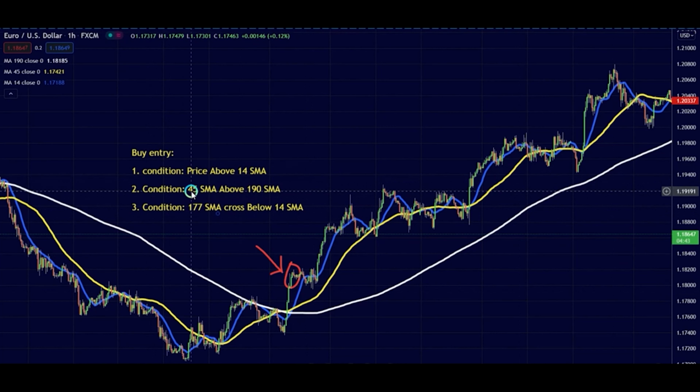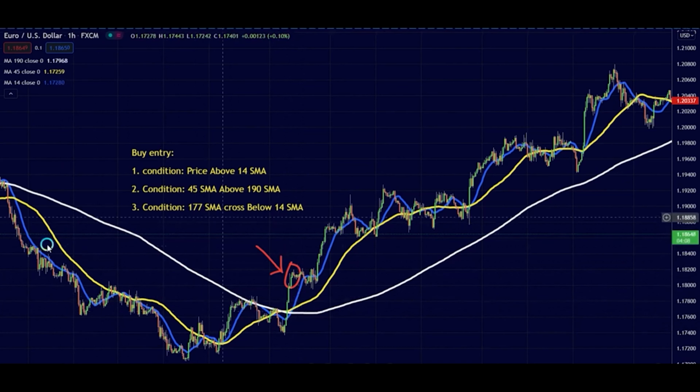For the second condition, we will need a 45 simple moving average and a 190 simple moving average. Basically that means that when we take the buy trade, in this case, the yellow line has to be above the white line, and as you see, it just crossed, and now it is the right place to take the buy trade.